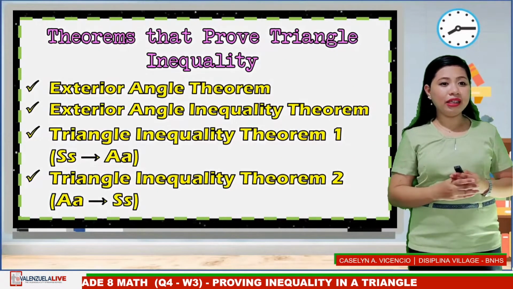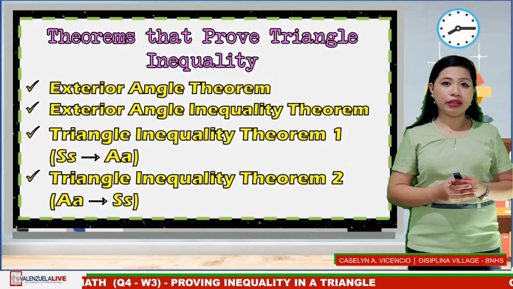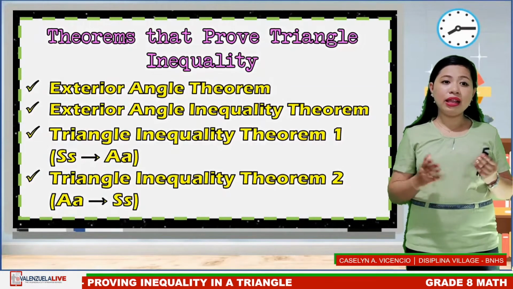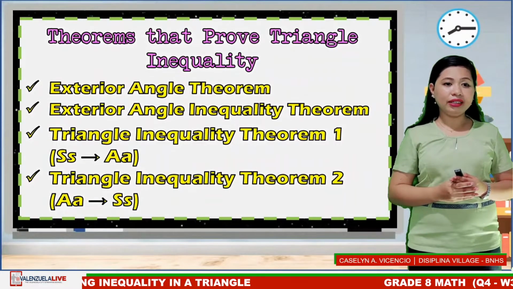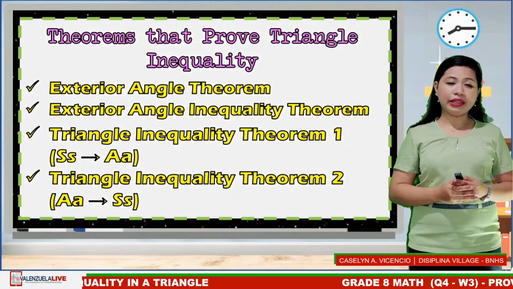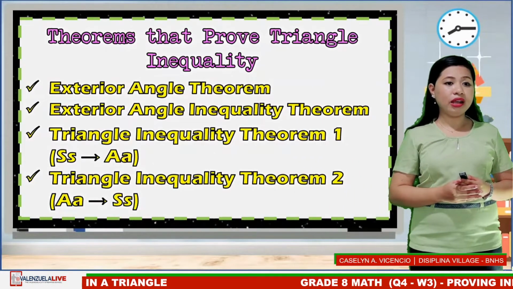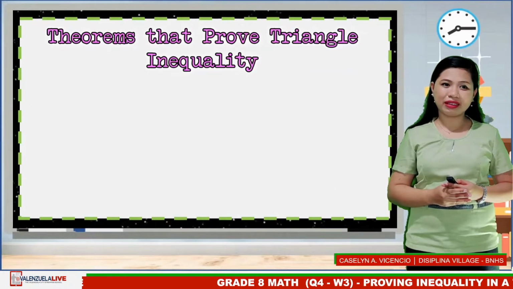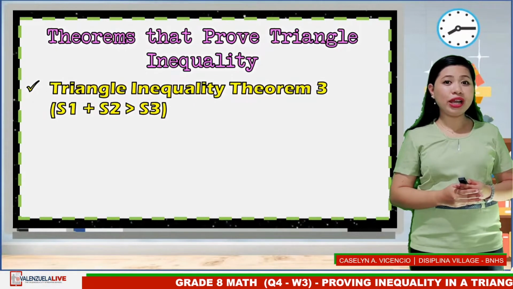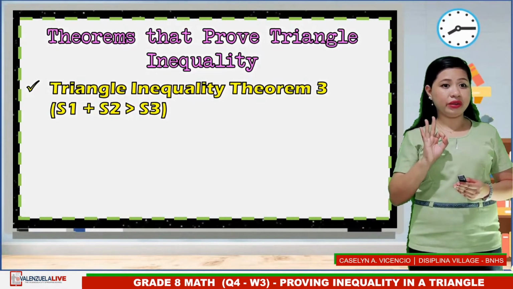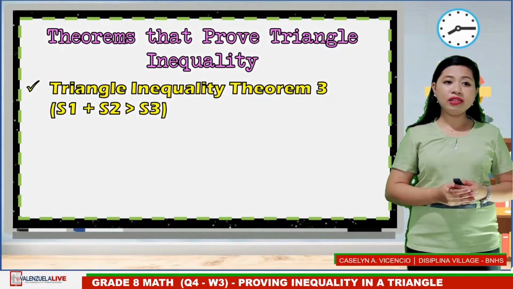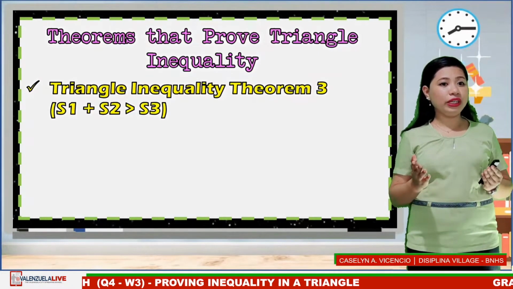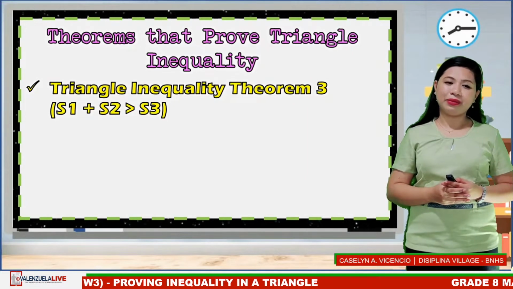It states that if one angle of a triangle is larger than the second angle, then the side opposite the first angle is longer than the side opposite the second angle. The next one is triangle inequality theorem number 3, which states that the sum of the lengths of any two sides of a triangle is greater than the length of the third side.